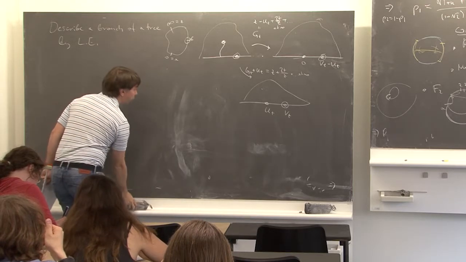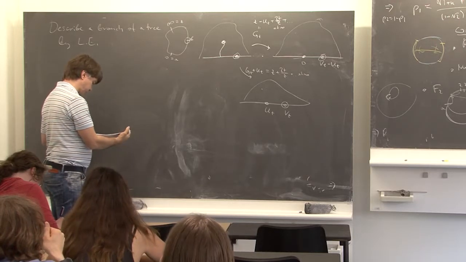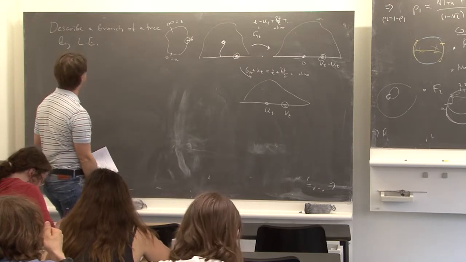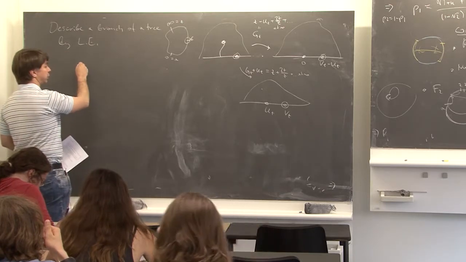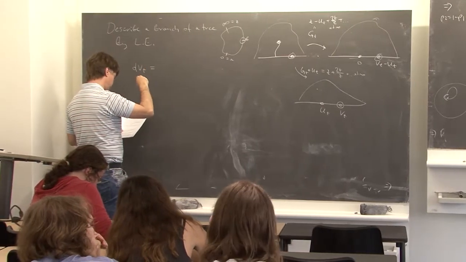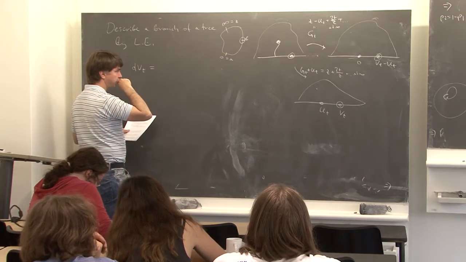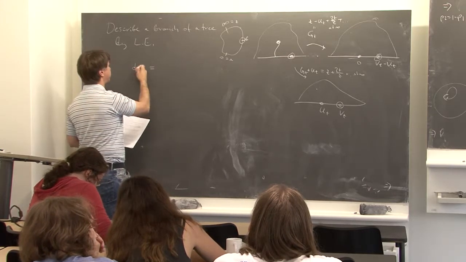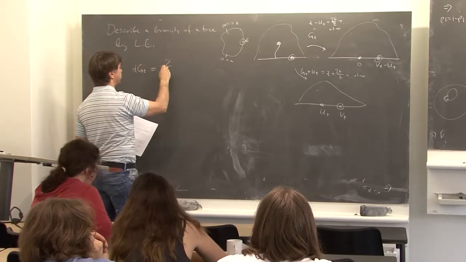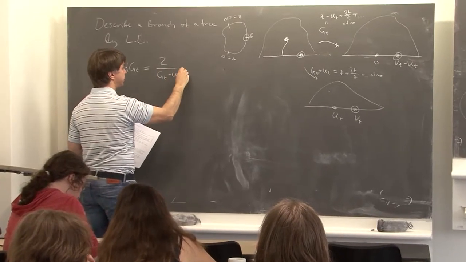Okay, now what are the usual formulas which we write here? What is the usual Löwner equation? dg_t is 2 over g_t minus U_t dt.